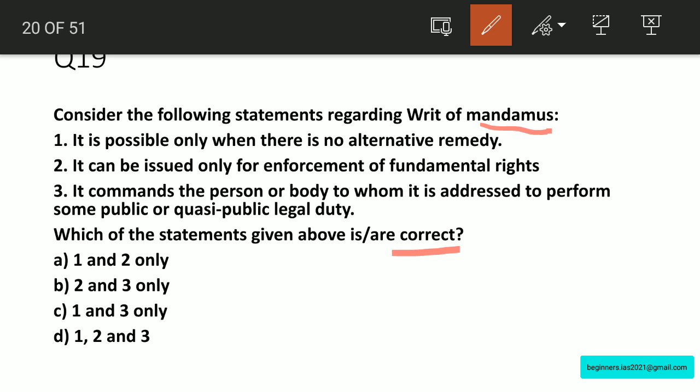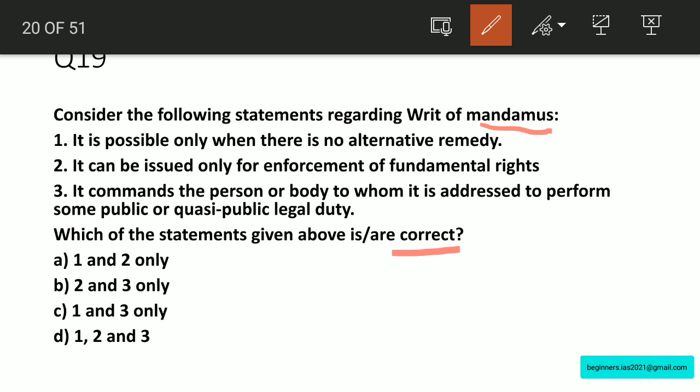Also, this writ cannot be issued against the Chief Justice of a High Court acting in judicial capacity. And one has to know that mandamus can be issued for reasons other than fundamental rights violations. For example, it can be issued against a public official who refuses to do his mandatory public duty.